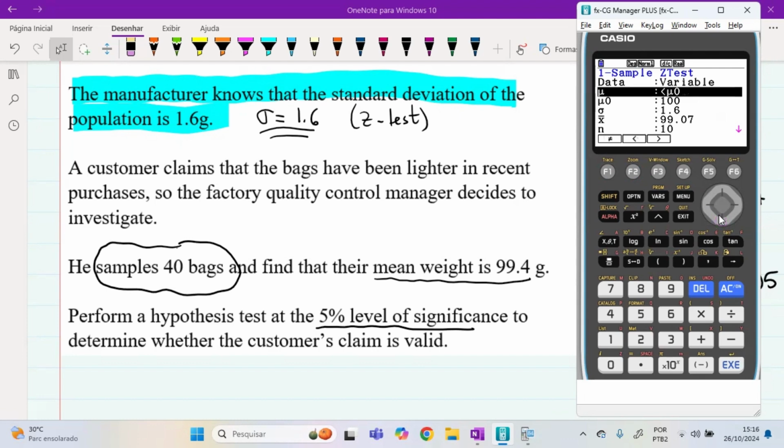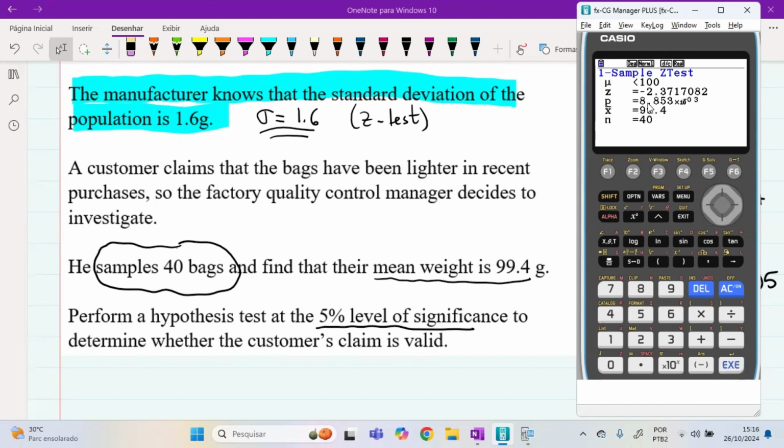The hypothesis is less than mu0, the mu0 is 100, sigma is 1.6, the mean, in this case, 99.4, is the sample mean. The sample size is 40. Then we are all ready.